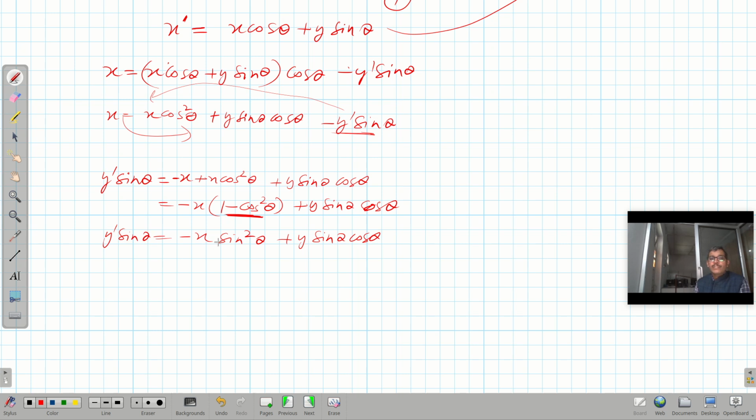If I divide both sides by sine theta, then y prime will become minus x sine theta plus y cos of theta, because this sine theta will cancel out. So therefore what I am getting, x prime is equal to x cos theta plus y sine theta and y prime is equal to minus x sine theta plus y cos of theta.